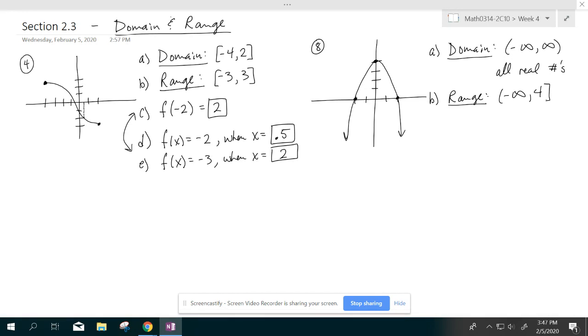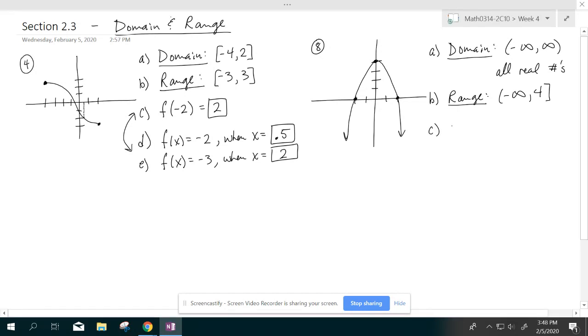So then my first question would be, how low does it go? This is like graph limbo. How low does it go? All the way down to minus infinity, but does it go up forever? No, it maxes out at 4, and do you know why it's a bracket? Because that point is included. It actually touches and is included.